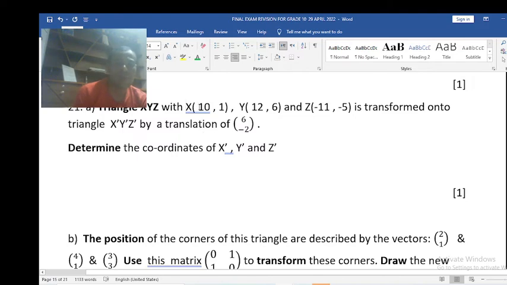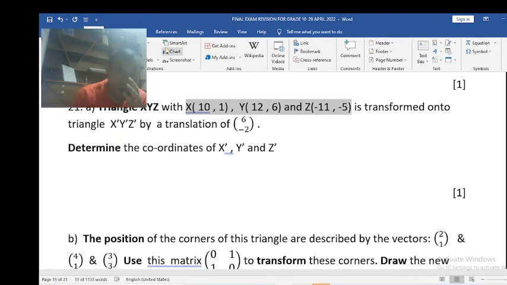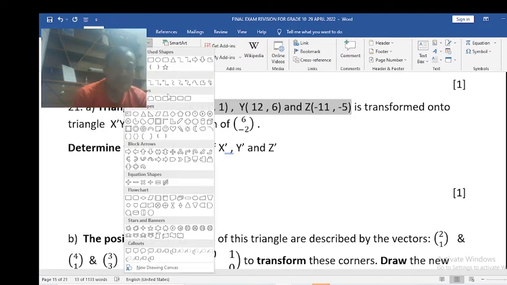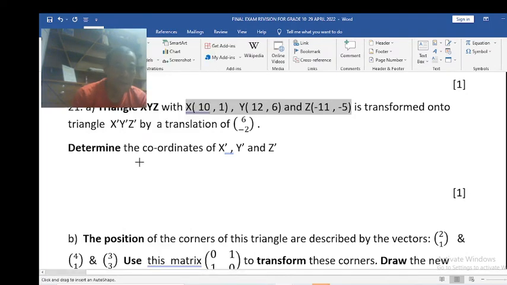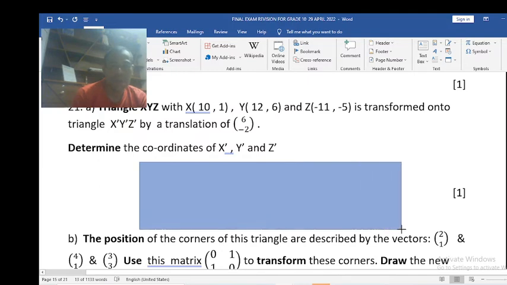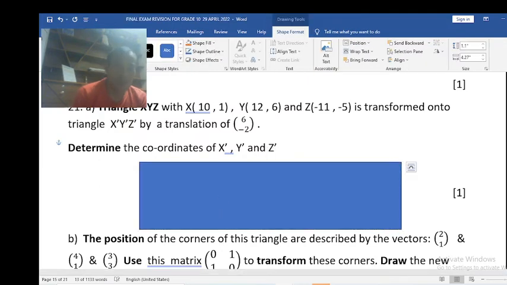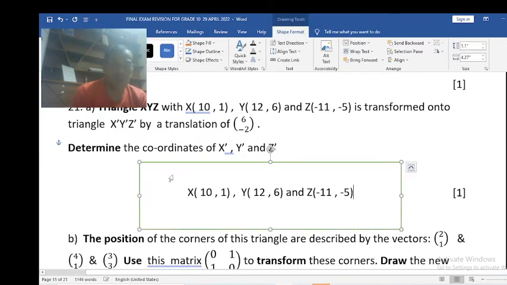Okay, I'll just write this again to solve this question. So I will use this one, shapes.